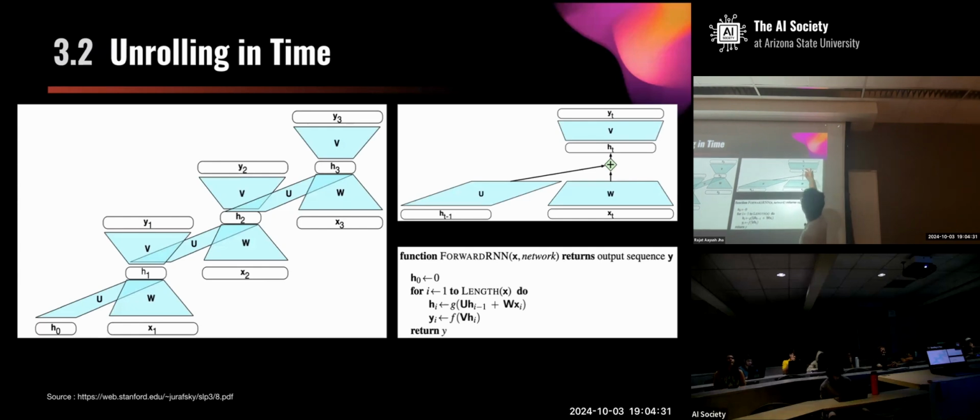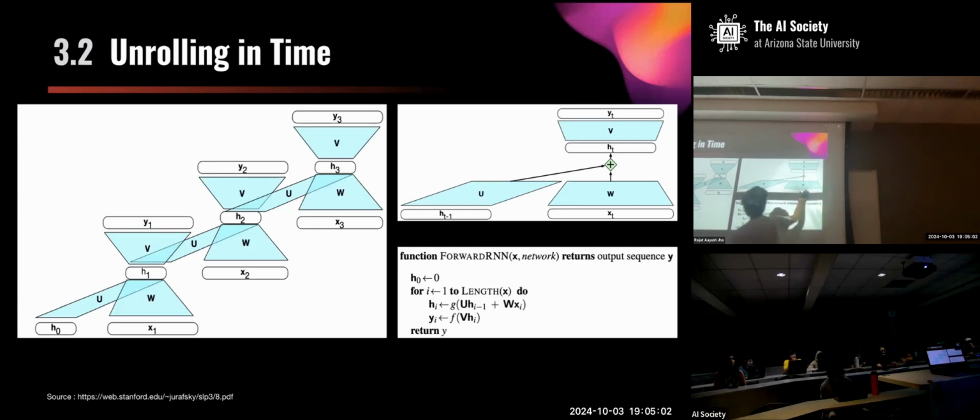Then you multiply it with V to get the prediction at that time step. It looks complicated, but it is very easy. You can see the pseudo code for this. You are taking the information up to t minus 1 steps, adding it to the current input, applying the activation function and predicting the token or the label.